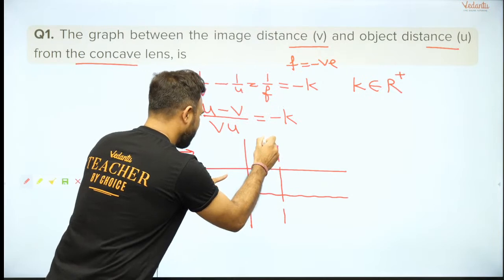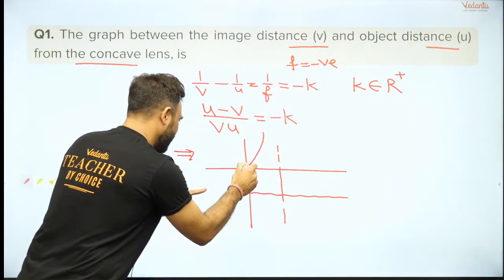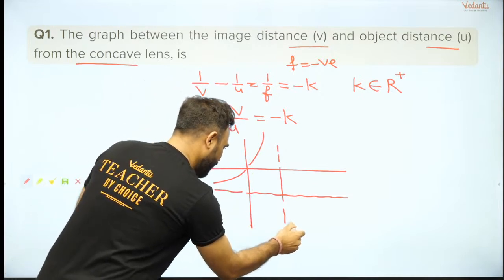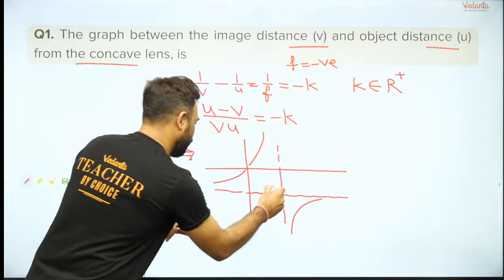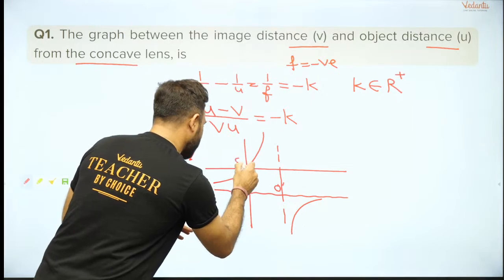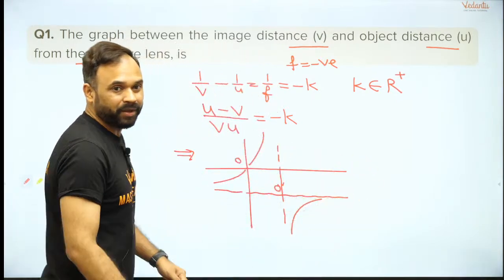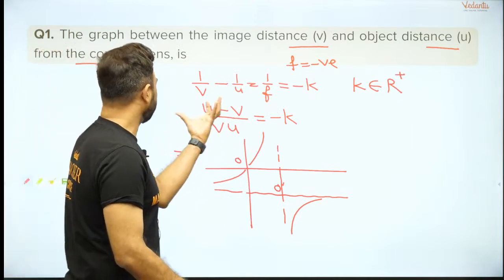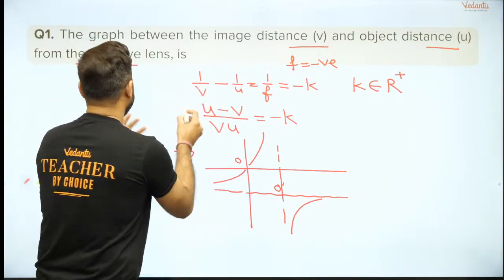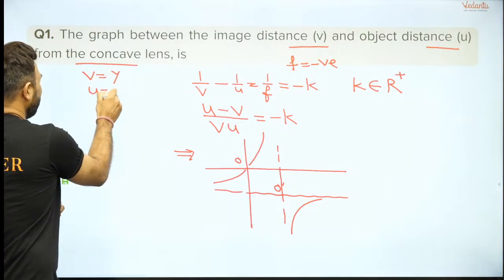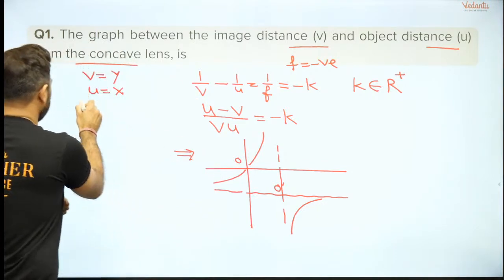If you plot this graph properly, you can see that your origin will come here. You must have plotted this n number of times. This graph will be passing like this. 0,0 won't be lying on this. And then there will be a graph in this section. So with respect to the transformed origin, it will be lying in the 2nd and the 4th quadrants.